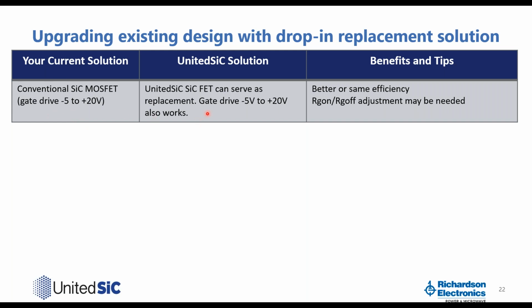With the UnitedSiC solution, you can just use the UnitedSiC silicon carbide FET as a drop-in replacement because the gate drive of -5 to +20 volts also works. And the benefit would be you can achieve better or the same efficiency. And the tip I would like to give you is you might want to adjust the RG on or RG off to achieve your desired switching speed, because the UnitedSiC silicon carbide FET is a very fast switching device.